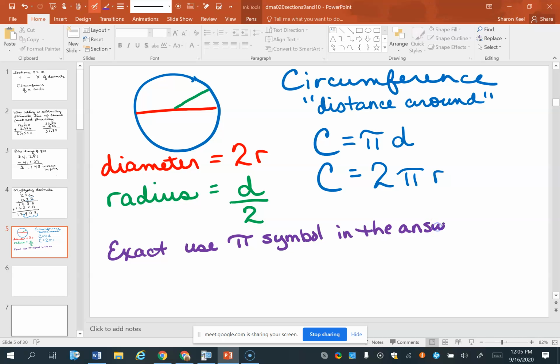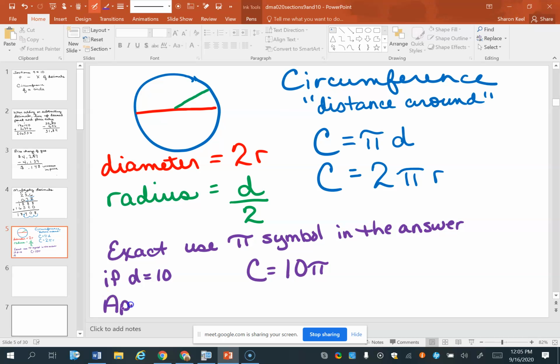On the computer, you'll find a button that has that symbol. So if I were to give you a diameter of 10, for the circumference you would do pi times diameter. If my diameter is 10, it will be 10 pi.